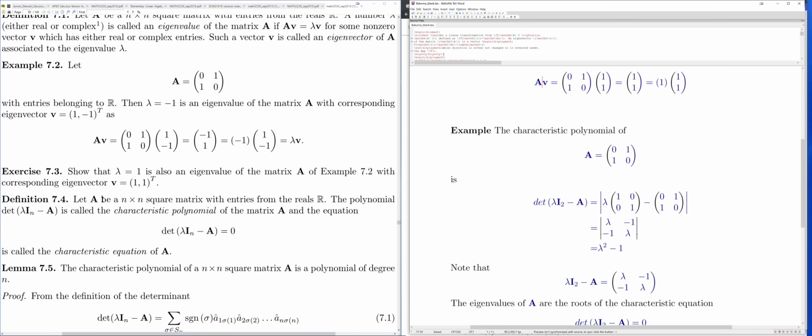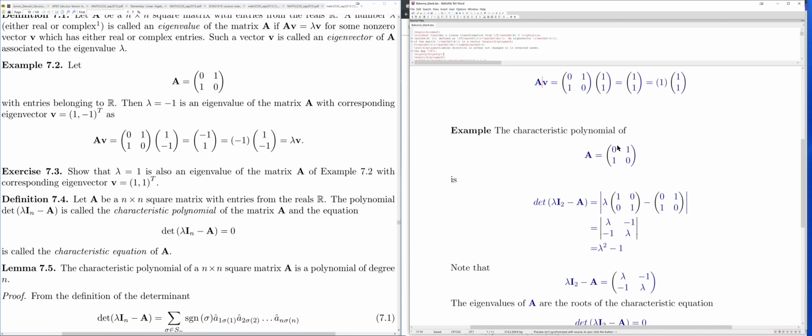Okay, so let's see an example of obtaining a characteristic polynomial associated to a square matrix A. The example I'm using is the matrix I had before, (0, 1; 1, 0). I'm going to form the matrix lambda I_2 minus A. Notice this 2 is a 2 by 2 identity, the same size as the given matrix.